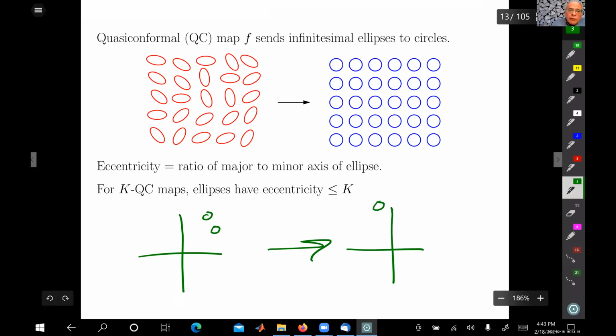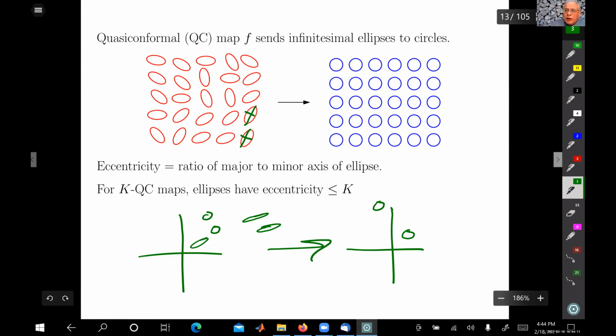But in QC mappings, quasi-conformal, small ellipses map to circles, but the eccentricity is not too bad. So it stays bounded. If you had a diffeomorphism, presumably this eccentricity could get worse and worse as you go off to infinity, but we're assuming it's uniformly bounded. And the eccentricity is the ratio of the major axis to the minor axis in the tangent map. So these are pictures of the tangent maps acting, they're linear maps.